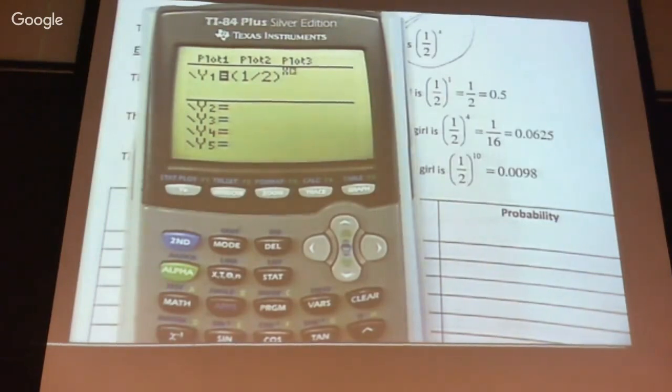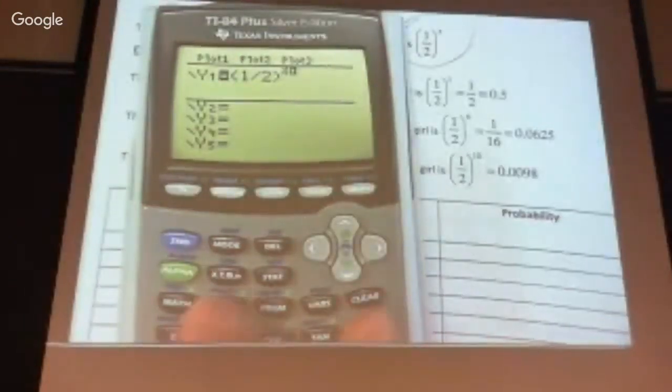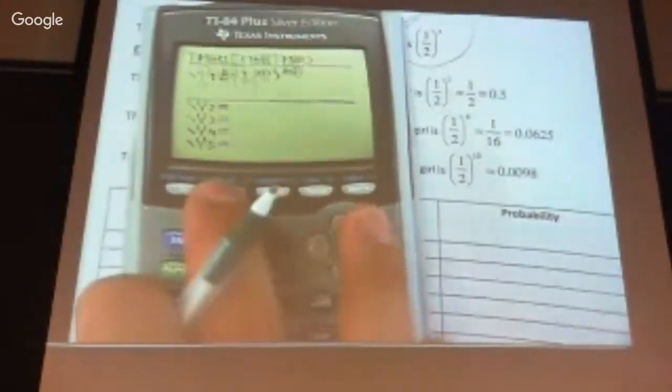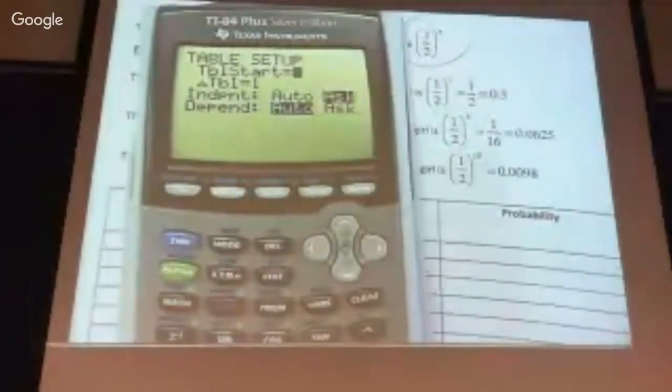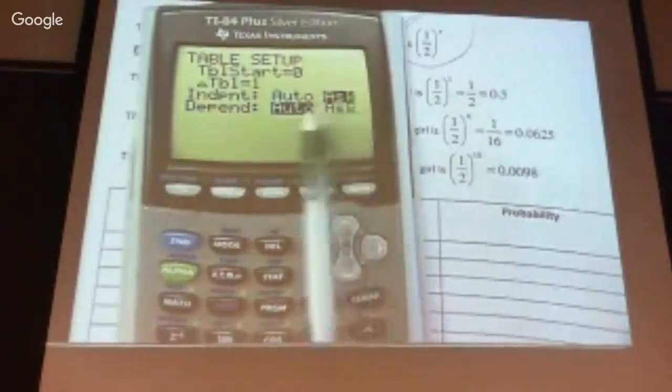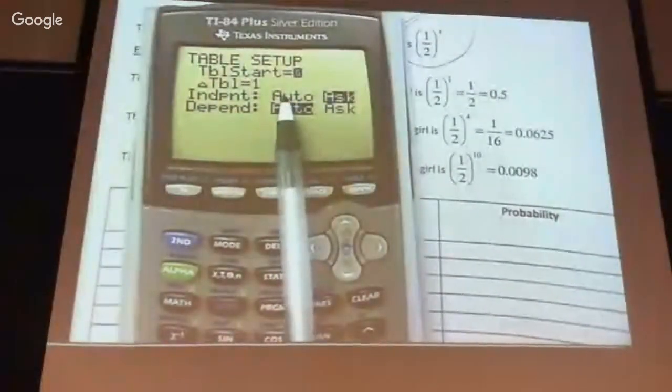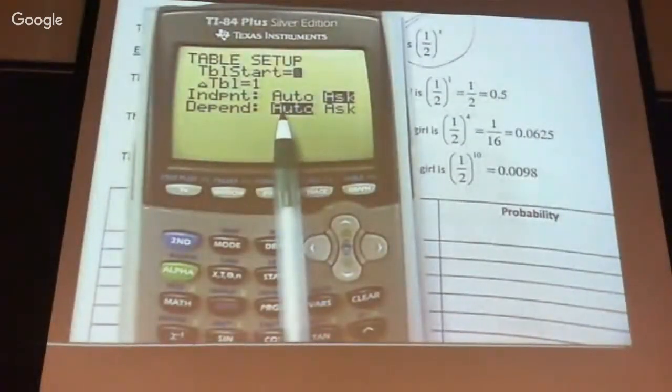We've used the table before, but just to make sure your calculator is set up correctly, everybody hit second window. It should say Ask Auto. If yours still says Auto, you didn't change it that day, or maybe your calculator was reset.